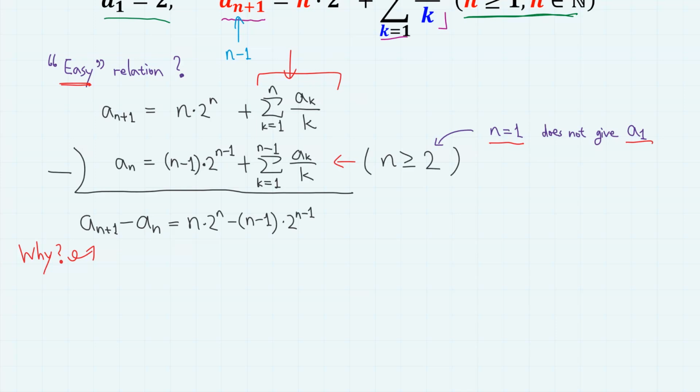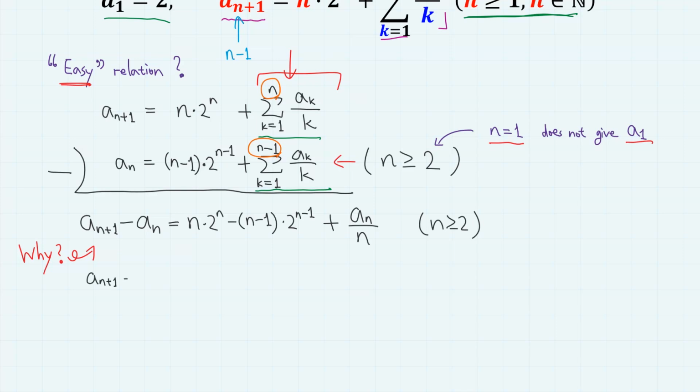And then, if we do the subtraction, which is the summation of the first n terms minus the summation of the first n minus 1 terms, all that is left is merely the nth term of the summation, which is an divided by n. And let's not forget this n greater than or equal to 2 condition.